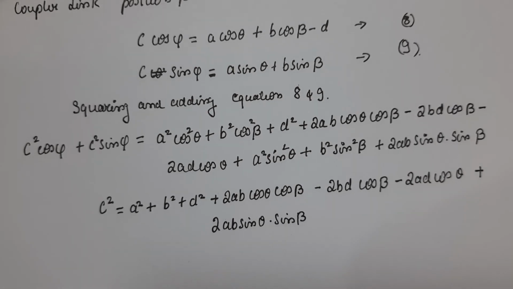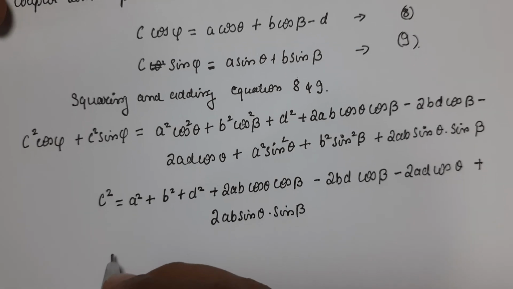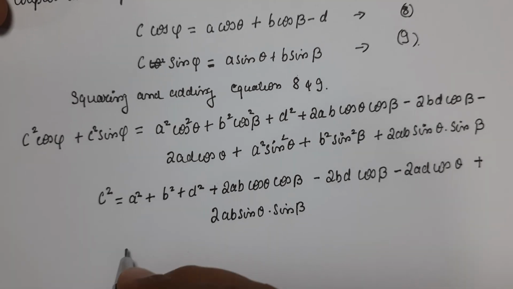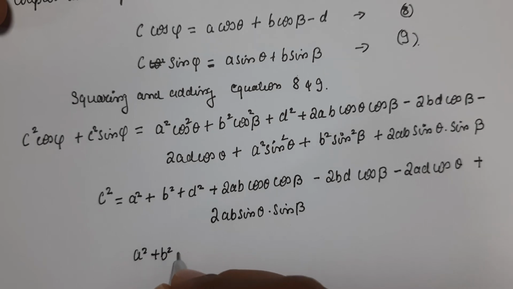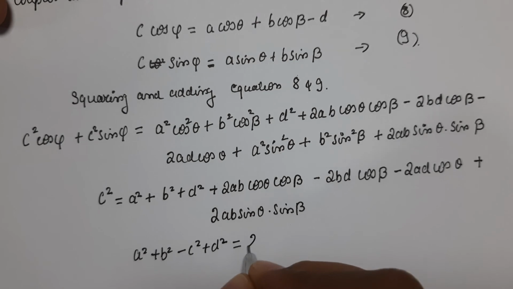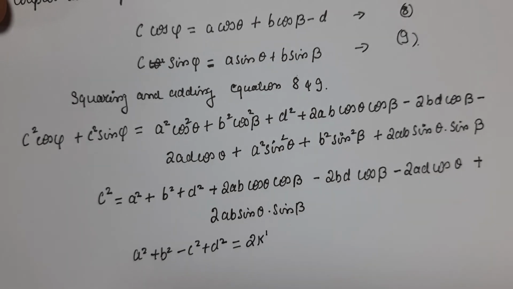Okay, so right now let us take this expression, that is A square plus B square minus C square plus D square, as 2K dash. So 2K dash here.